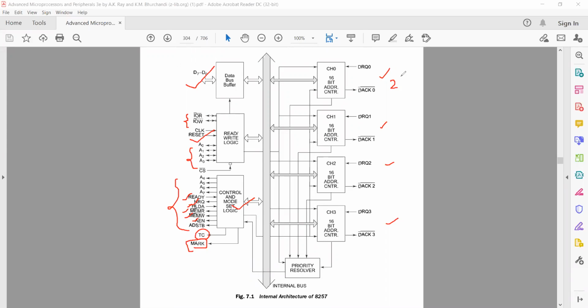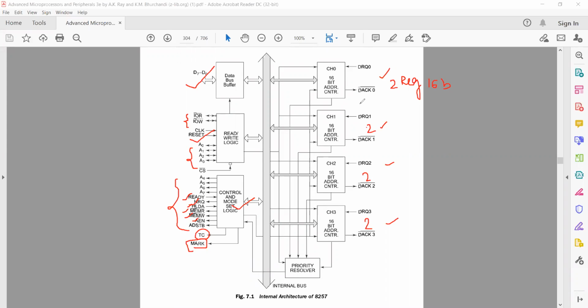2 resistors of 16-bit size. That means channel 0 will have 2 resistors, channel 1 will have 2 resistors, channel 2 will have 2 resistors, and channel 3 also will have 2 resistors.